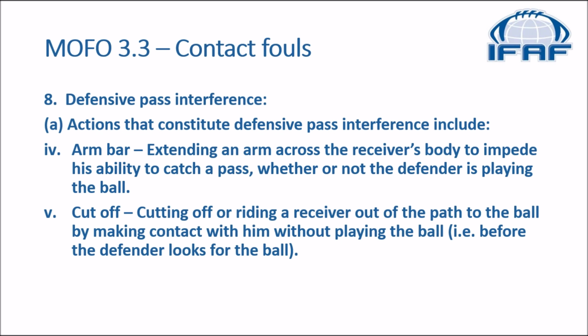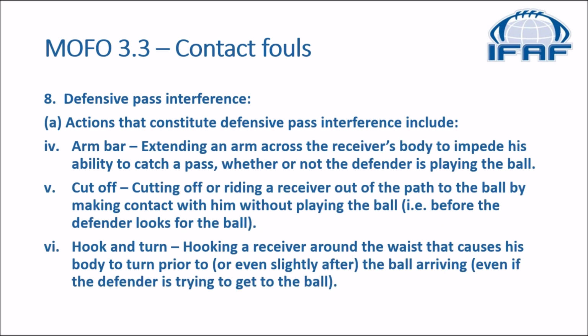Cutting off or riding a receiver out of the path to the ball by making contact with him without playing the ball before the defender looks for the ball. And finally, 6. Hook and turn, which is the topic of this training tape. Hooking a receiver around the waist that causes his body to turn prior to or even slightly after the ball arriving, even if the defender is trying to get to the ball.